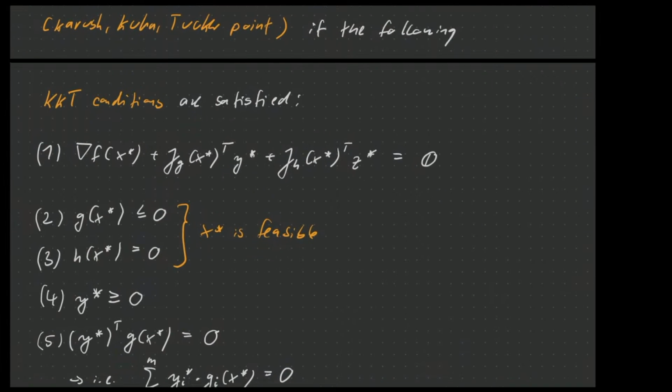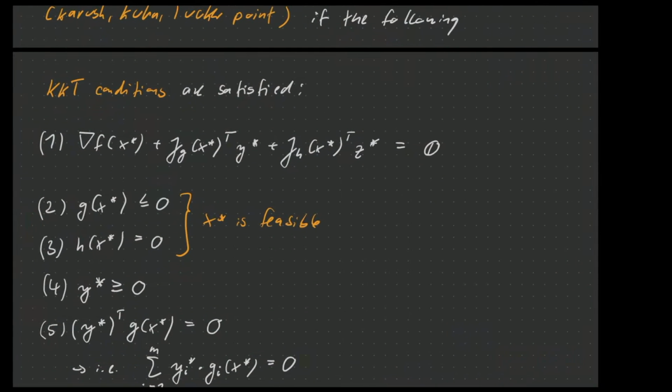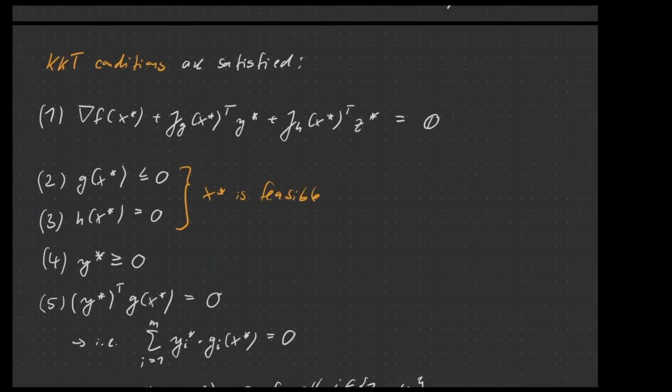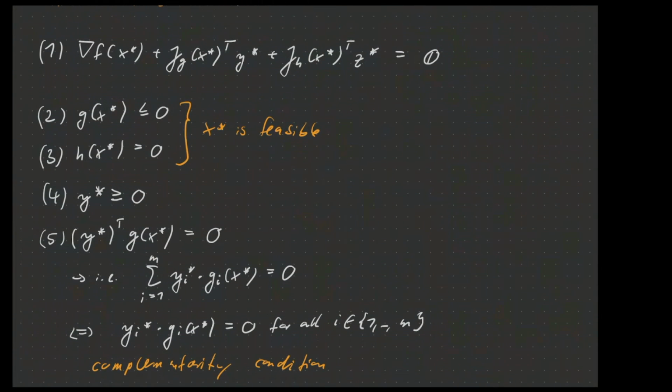Again, that gives you a couple of equations. Then you need to make sure that your point is feasible. So inequalities and equalities need to be satisfied. And then there's two more points that only need to hold for the inequality multipliers. Those multipliers need to be non-negative.